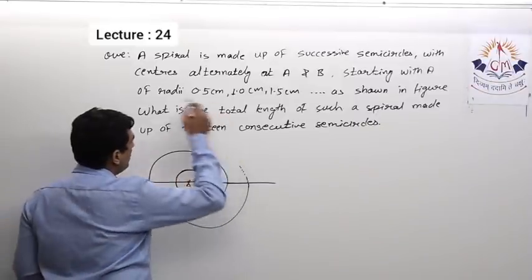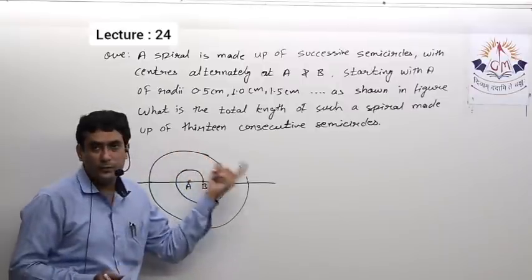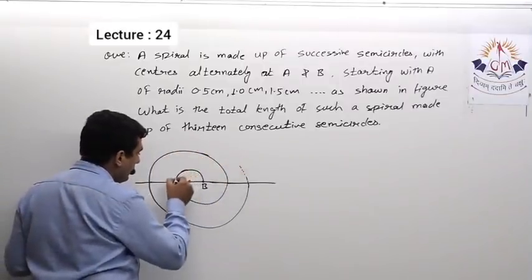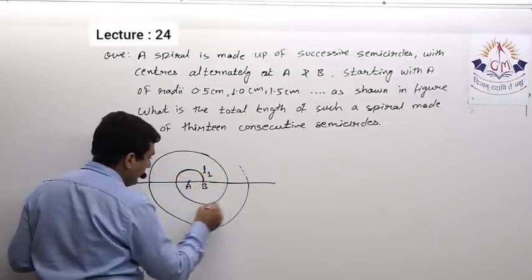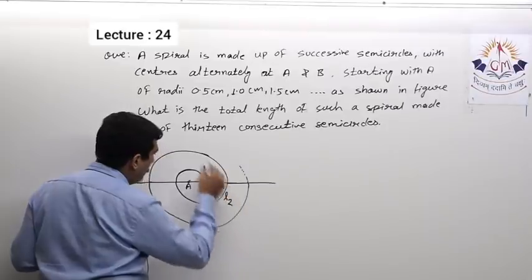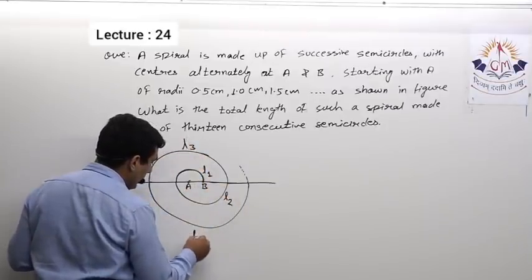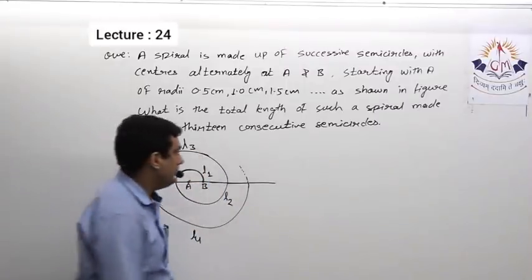What we have to find is the length of such a spiral made up of 13 consecutive semicircles. Let the length of the first semicircle be L1, the second semicircle L2, the third semicircle L3, then L4, then L5, up to L13.